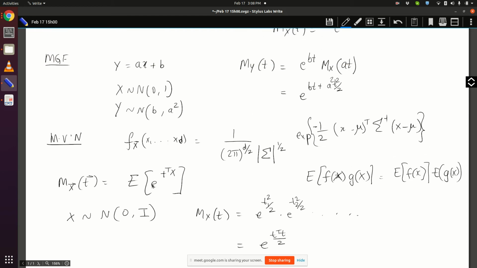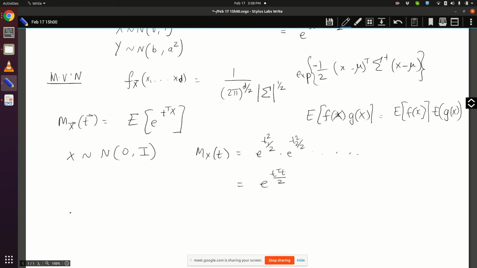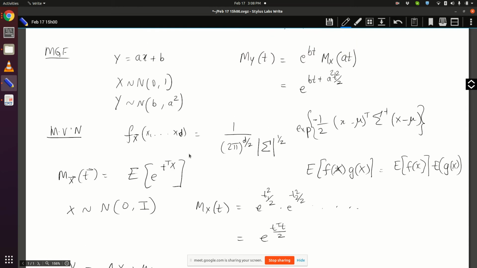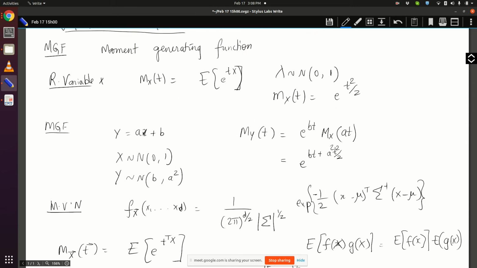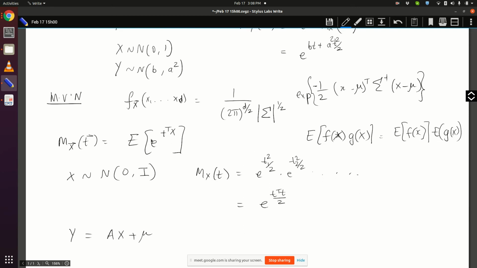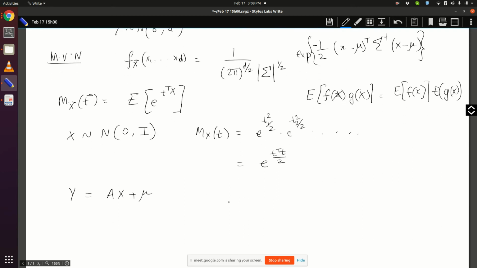Okay, so now if you try to generalize it to y, which is given by Ax plus some mu, the same identity, instead of a random variable we have a vector. So when we do this operation, the moment generating function will be e power mu transpose t into M_X of A transpose t.